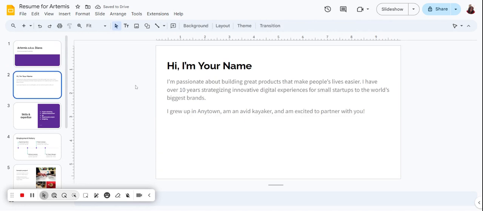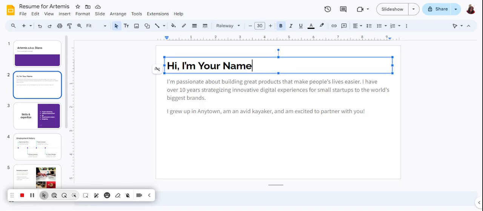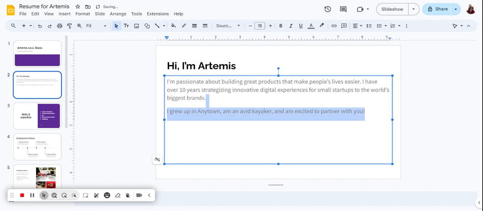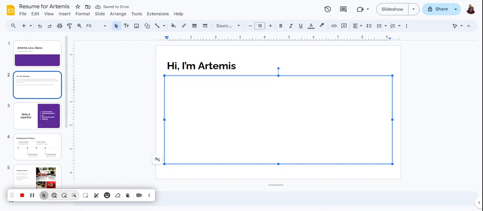Second slide. So this is where you just introduce your god or goddess. So we're going to introduce Artemis. And here we can include just some basic information about your god or goddess, what they're passionate about, what they're known for, what they love.